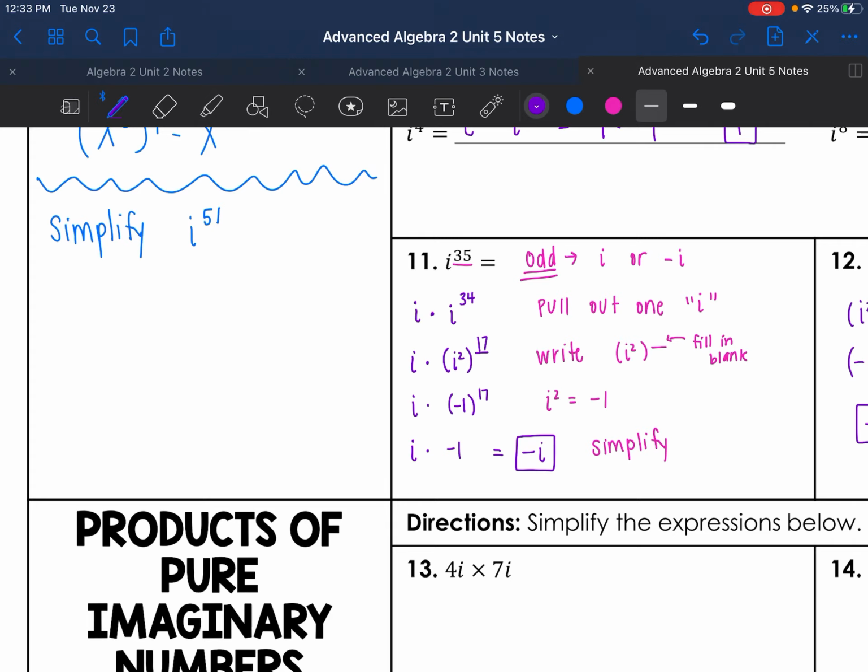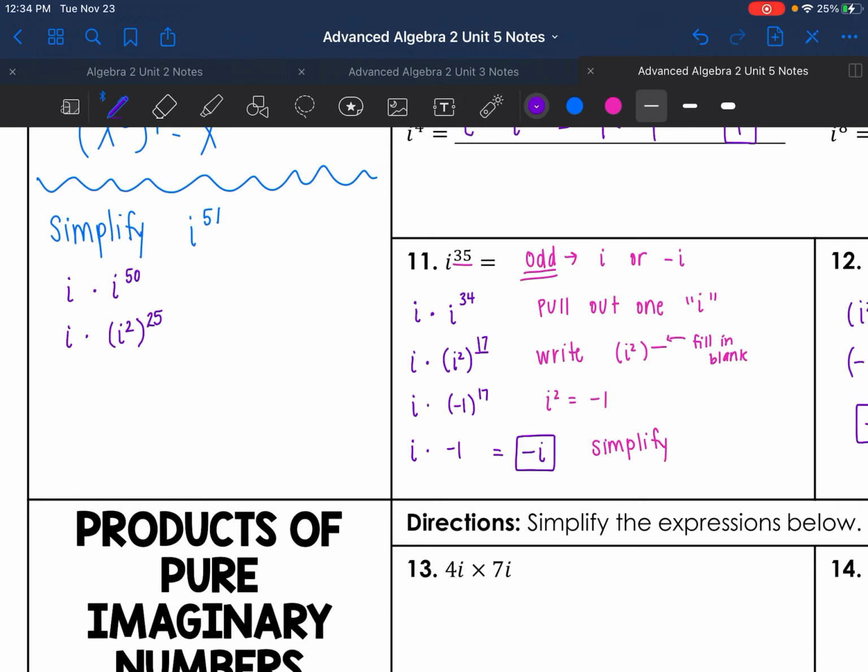All right, so because that was odd, we first have to take out one of the i's, leaving us with i to the 50th. And then we're going to rewrite this as i squared to the 25th power. The reason I do this is because I know what i squared is. I know that i squared is -1.